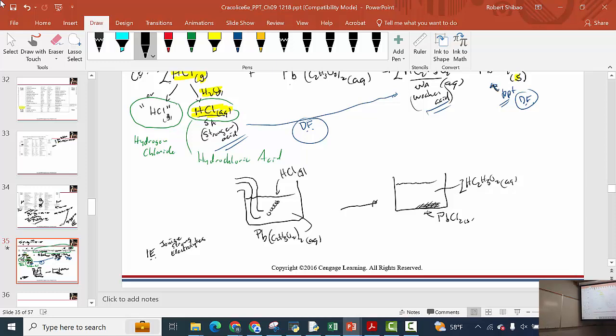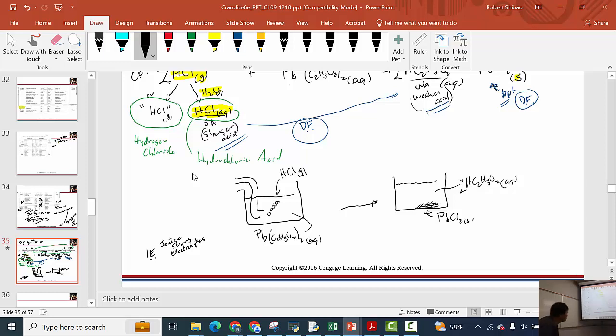Now this particular problem is kind of a challenge problem, because what do we do with HCl? The strong acid would be hydrochloric acid, HCl aqueous, but they gave us HCl gas.